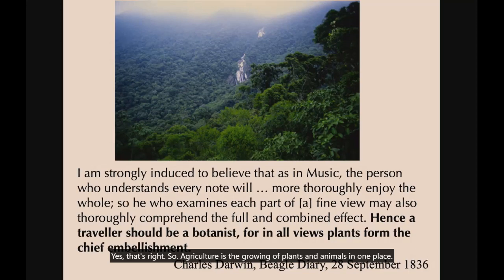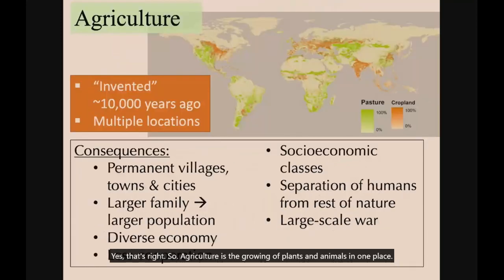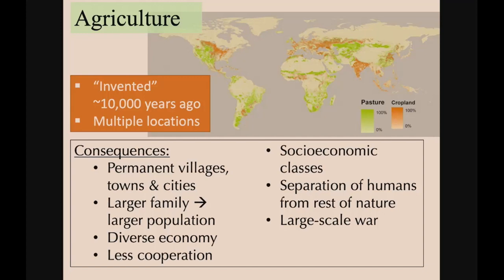So agriculture is the growing of plants and animals in one place. That's what it is. It was invented on multiple occasions in various parts of the world.